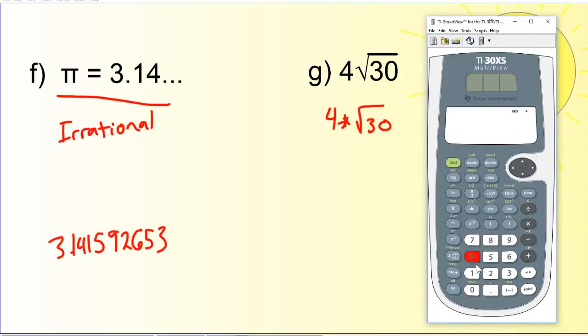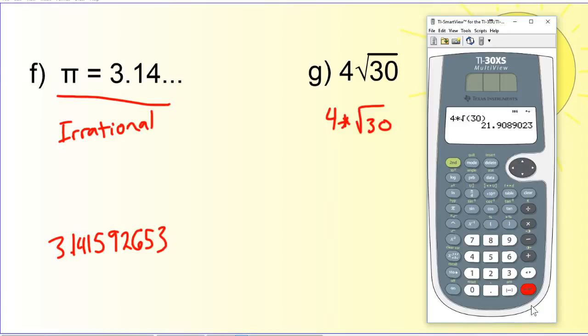Or we can hit 4 times, and then to get the square root, it's right above the x squared button. So we're going to hit second to get all the yellow guys, x squared, 30. So this says 4 times the square root of 30. You could close your parenthesis. You don't really need to. The calculator understands.